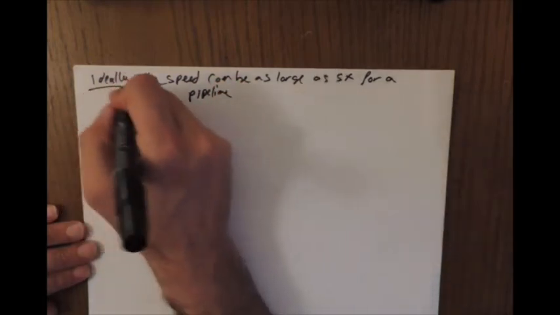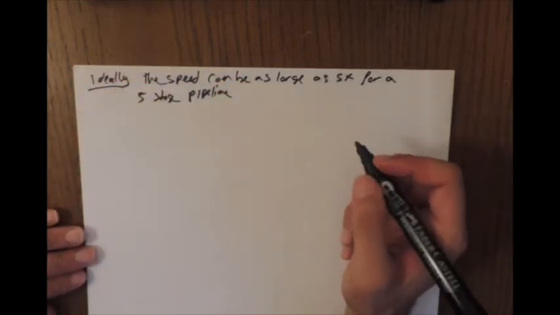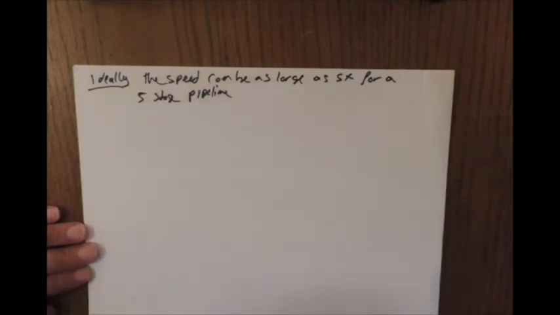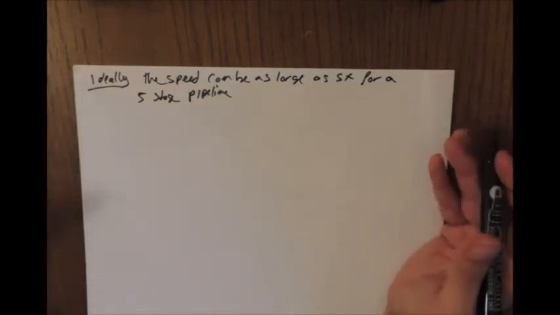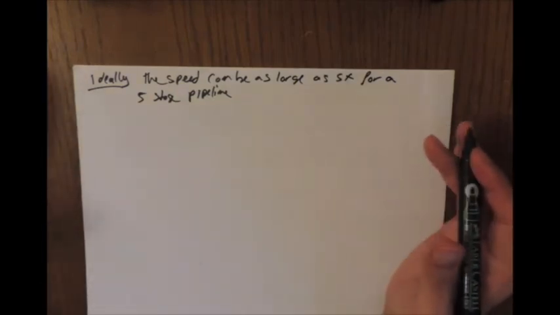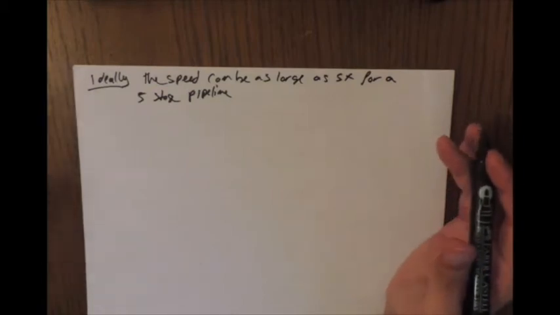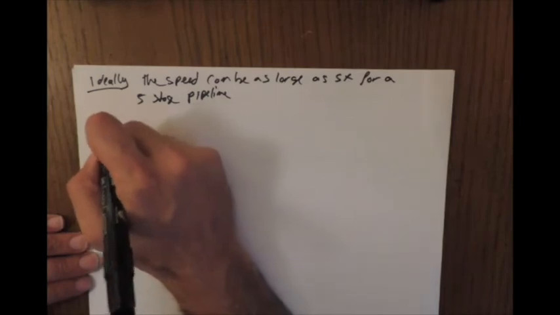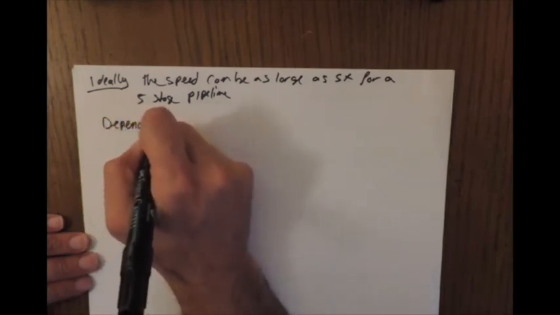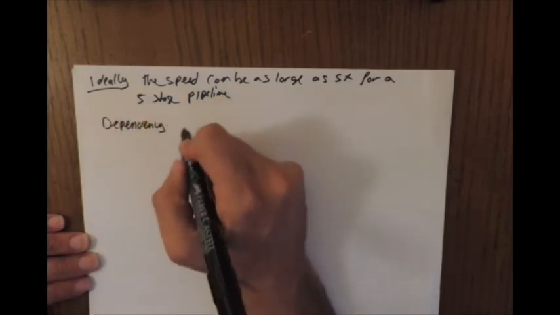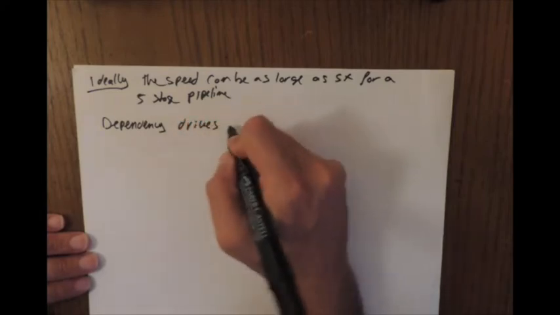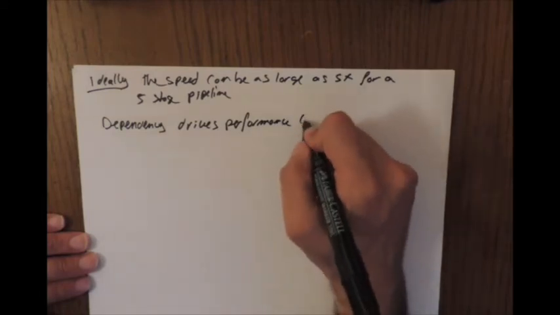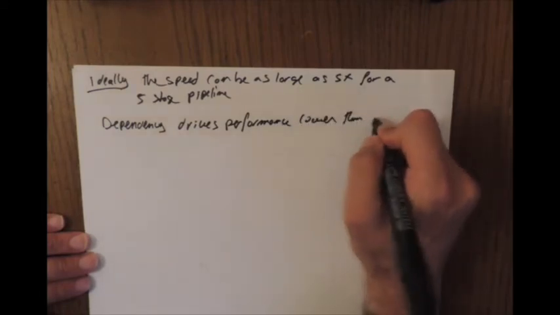However, this is not true, because sometimes we have dependencies. So with the washer-dryer example, there are no two loads that depend on each other. So what we mean here is that dependency drives performance lower than expected.